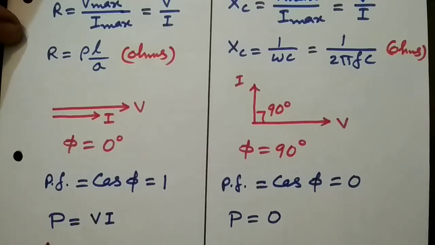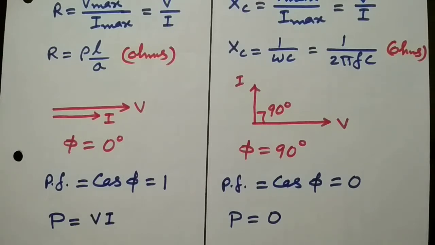The active power in a purely resistive circuit, P, is the product of RMS voltage and RMS current. On the other hand, for a purely capacitive circuit, the active power is equal to 0. So this is the concept of a purely resistive circuit and a purely capacitive circuit.